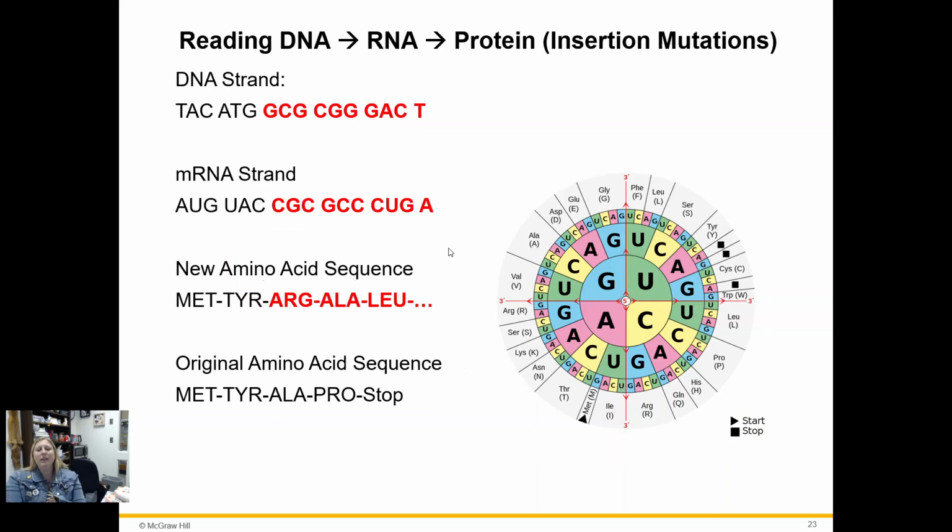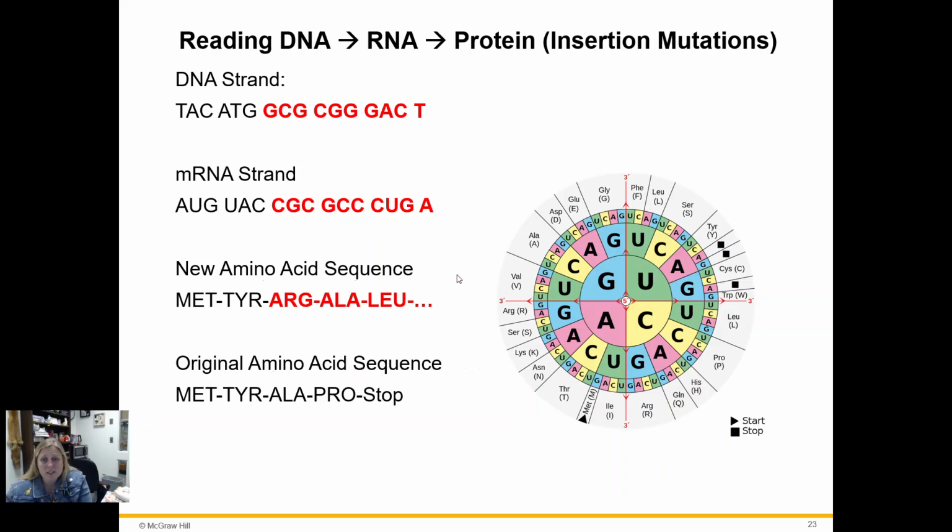If I then do an insertion, all of these letters after that insertion are wrong. They are not what it should be. And so we end up having a shift in the reading frame, which is going to result in a completely different amino acid sequence. Where it should be alanine, proline, stop, it's now arginine, alanine, leucine, and there's no stop. This could keep going if something was continued to be copied here.